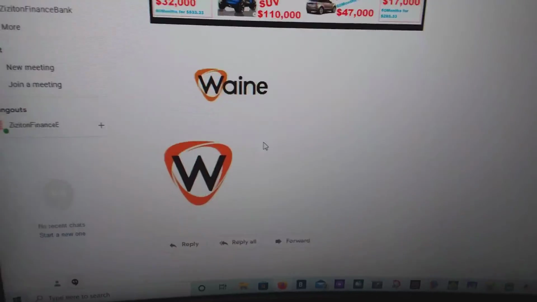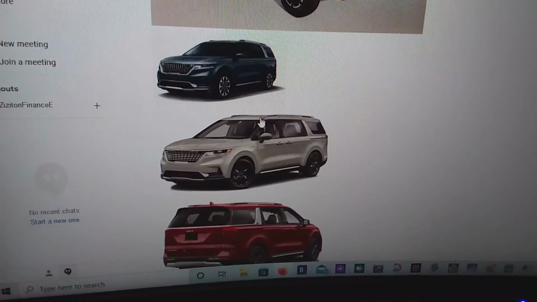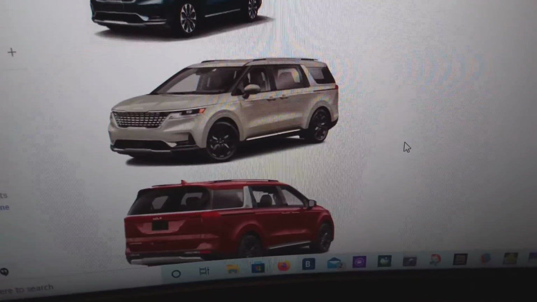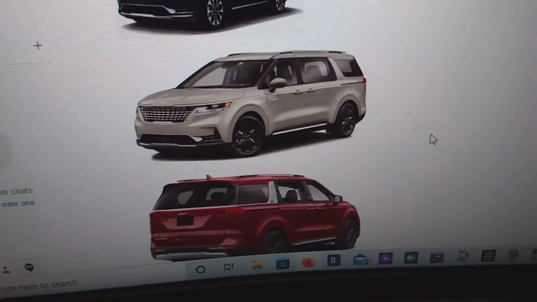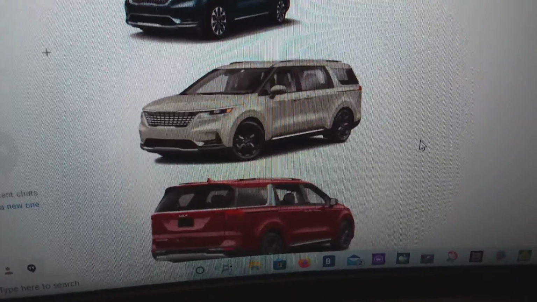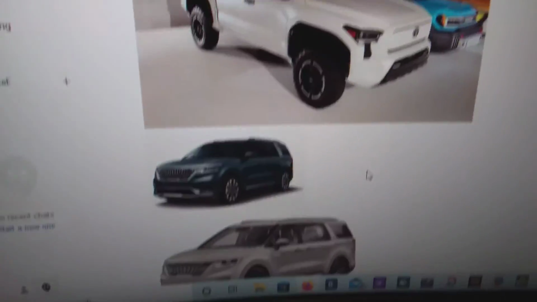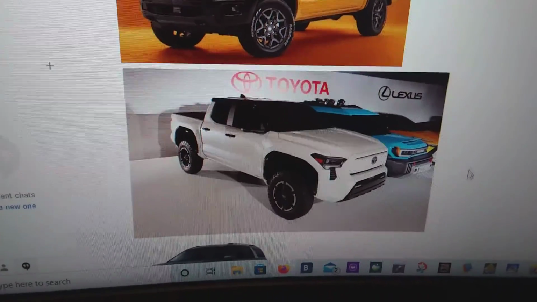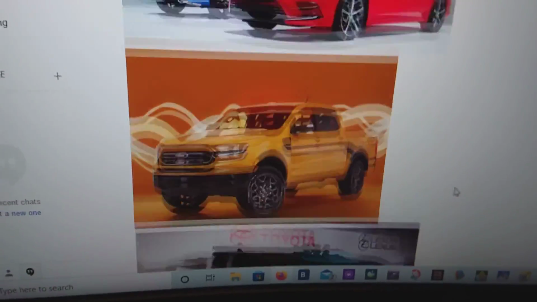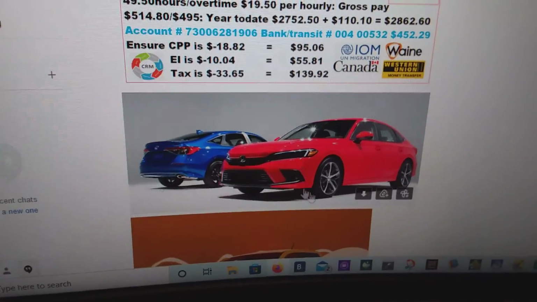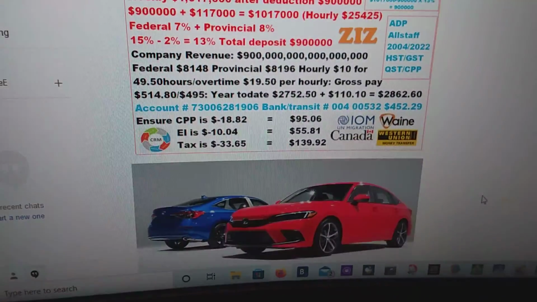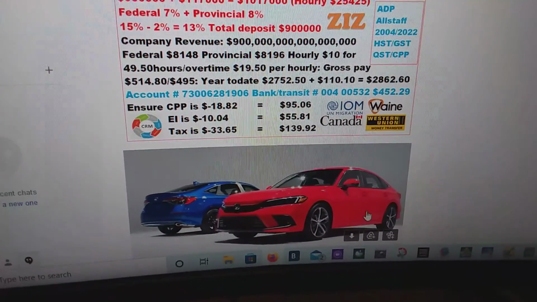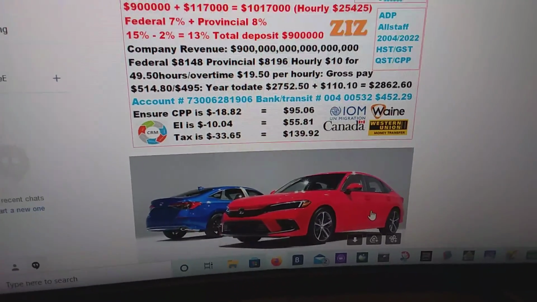Let's look further. Those are family vans, brand new of course, 17,000. These are pickups, brand new also. These are sedans, ranging from two doors.